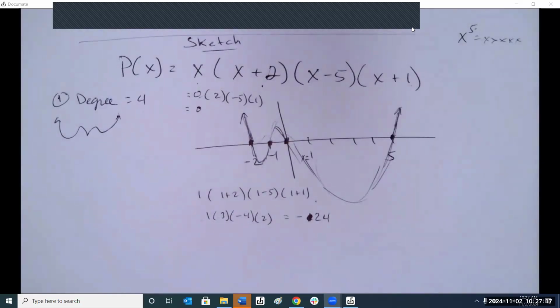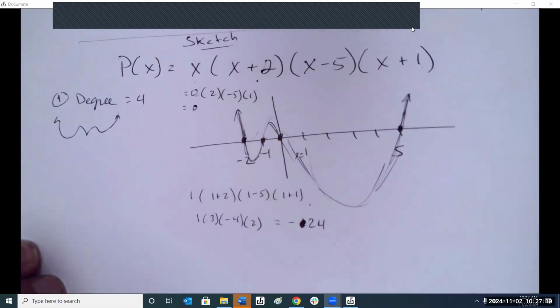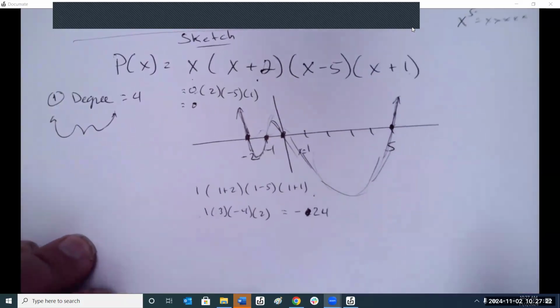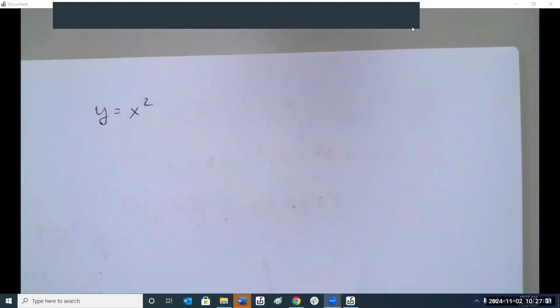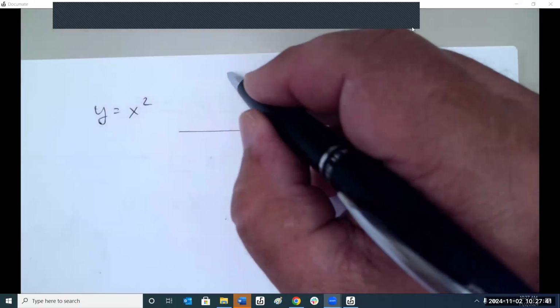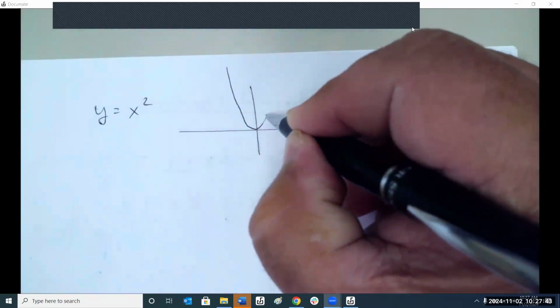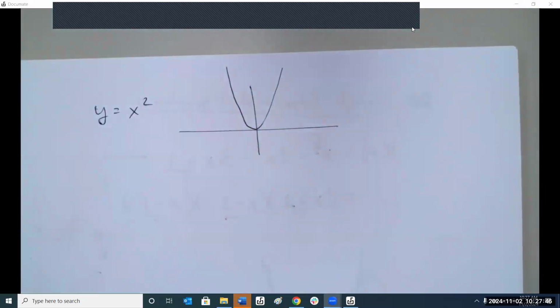How do we know? I'll show you. I'm glad you brought that up about bouncing. I'll show you how we know if it has a bounce. What does that graph look like? It's a parabola. So the parabola looks like this, but the degree is 2.